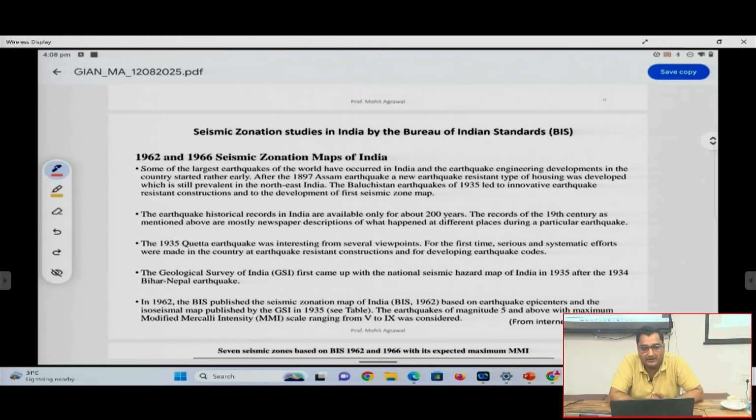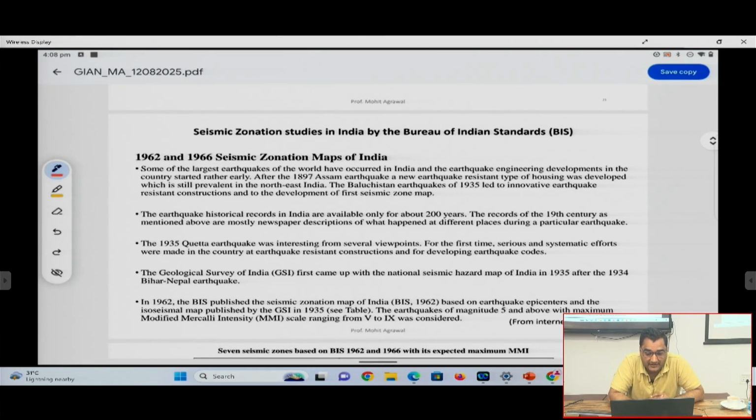the Geological Survey of India published a seismic zonation map, which was based upon the intensity recorded in various earthquakes along the Indian subcontinent. They prepared a map, which was also published in 1962.